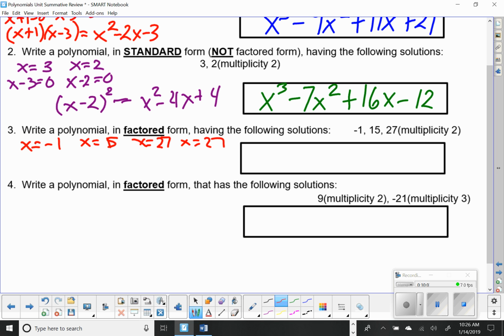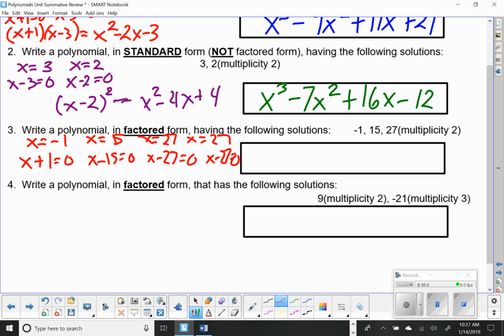It says multiplicity of 2. So this becomes x plus 1 is equal to 0, x minus 15 is equal to 0, x minus 27 equals 0, x minus 27 is equal to 0. When I write it over here, it's x plus 1 times x minus 15 times x minus 27 quantity squared. That multiplicity of 2 is right there.